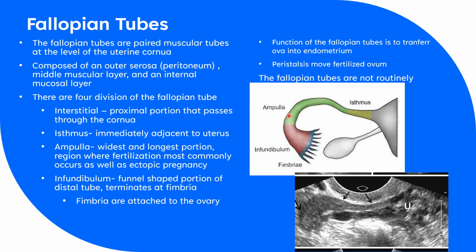Then we have the ampulla. Now the ampulla is our biggest portion. And this is super important because when we have an ectopic pregnancy, this is where we're going to find it, in that very long ampulla. It is also where most fertilization happens. So sometimes when that egg is fertilized, it's like, oh, I'm fertilized, let me implant where I'm at.